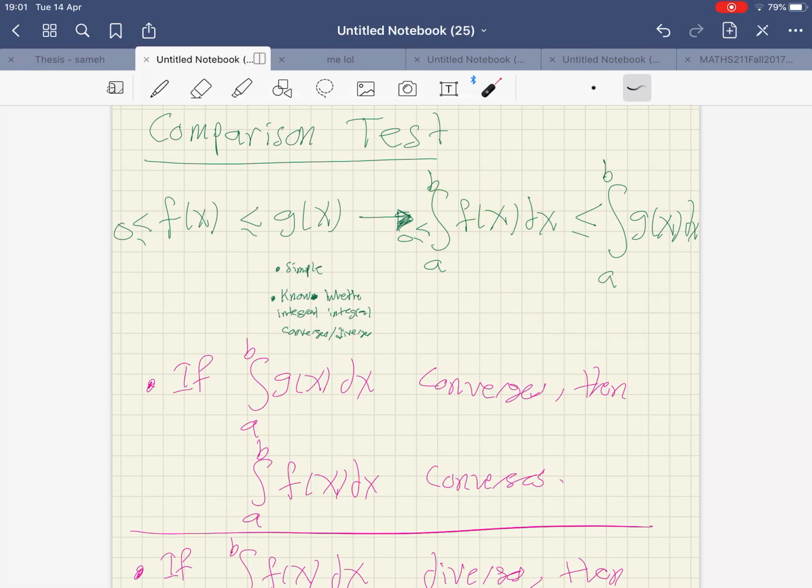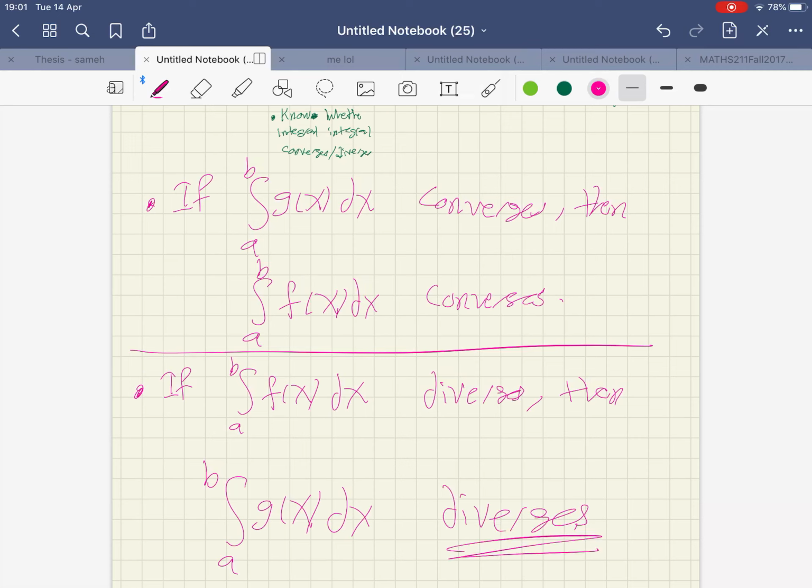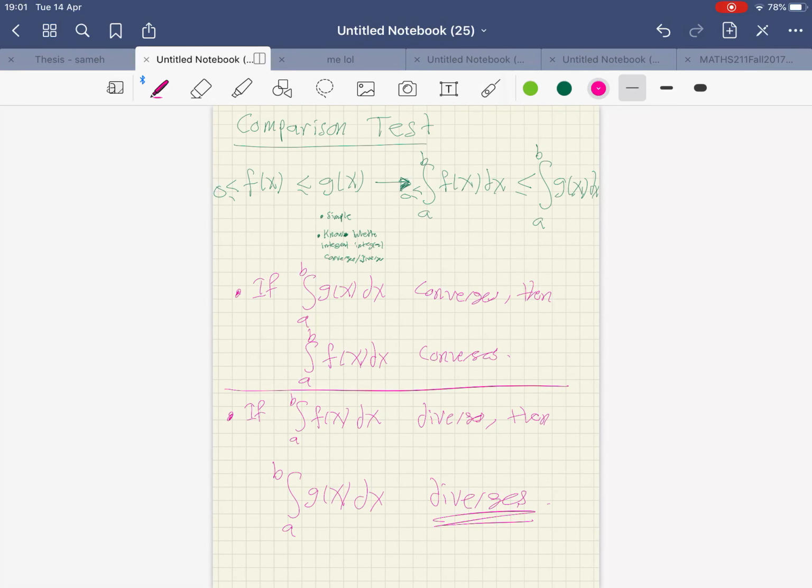No. Whatever is greater than infinity, the only answer would be infinity. So if the small one diverges, then the big one diverges. End of story. Do you have any question? Anything you want to say?